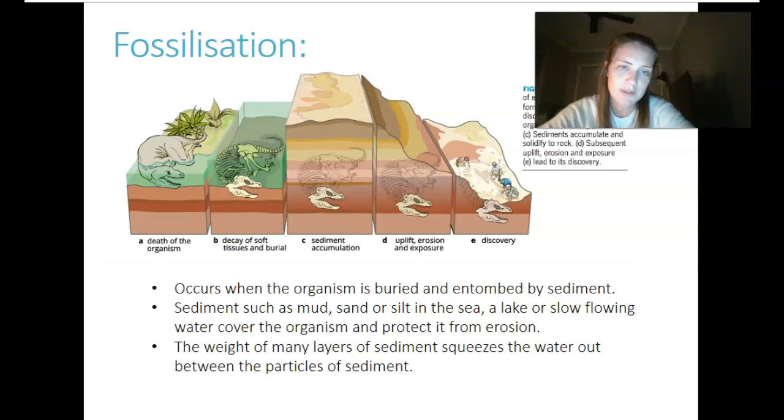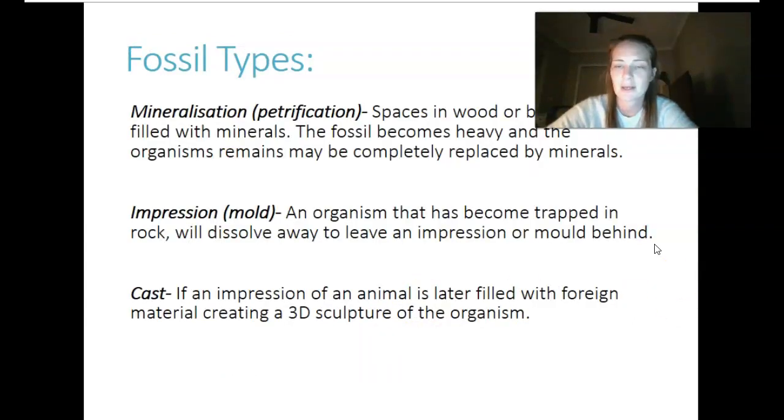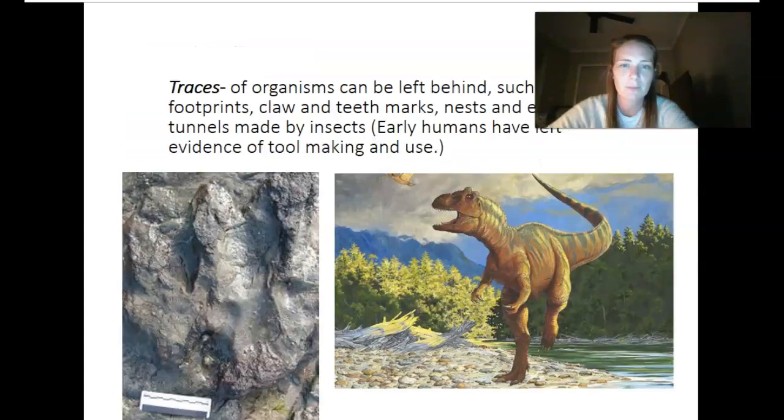If you've got a fast flowing river, for example, instead of that sediment settling to the riverbed, to the floor, it's washed away too quickly, and probably carrying with it any dead organisms that would happen to fall into the river. So still waters where sediment can readily accumulate is a much better example of a fossilizing environment.